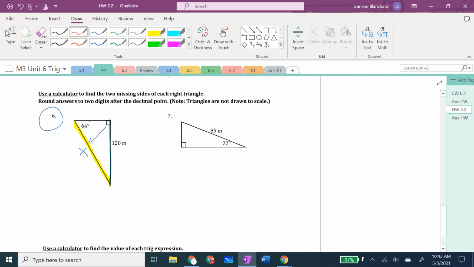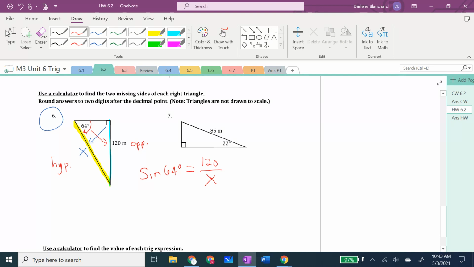If this is 64 degrees, this side is opposite. Now you have two options. The one you're most familiar with is sine of the angle measure is equal to the opposite side divided by the hypotenuse, and we're trying to find the hypotenuse.